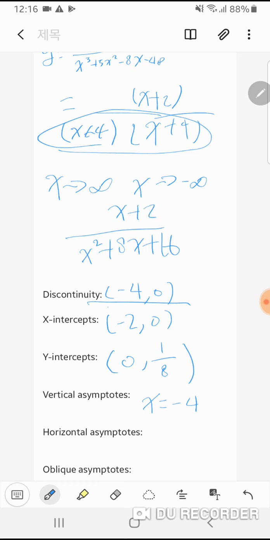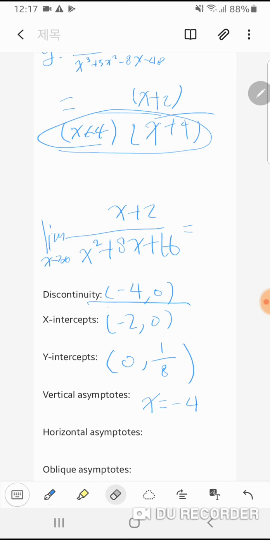And if the highest exponent of the denominator is larger than the highest exponent of the numerator, we get 0.